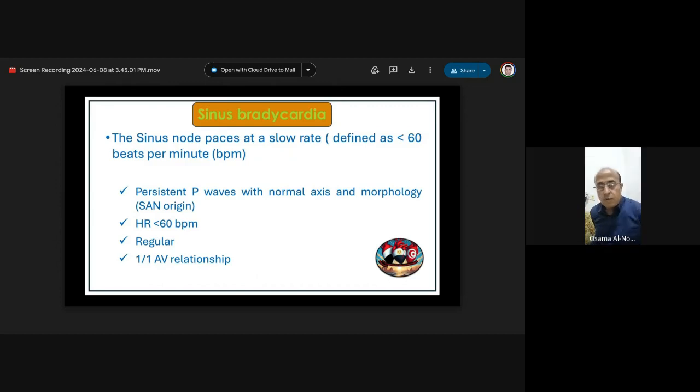It's important in clinical practice to differentiate physiologic sinus bradycardia, seen in young people with higher vagal tone and also in athletic patients, from inappropriate sinus bradycardia.